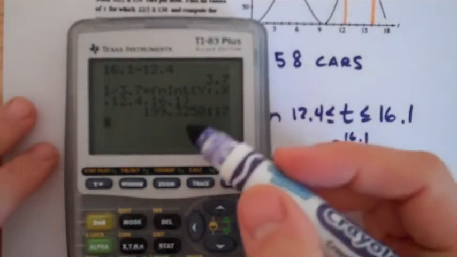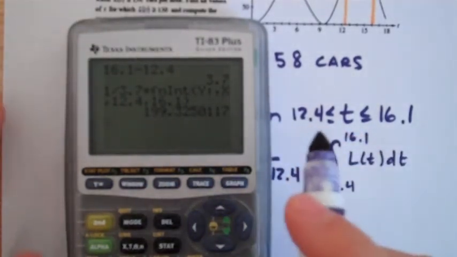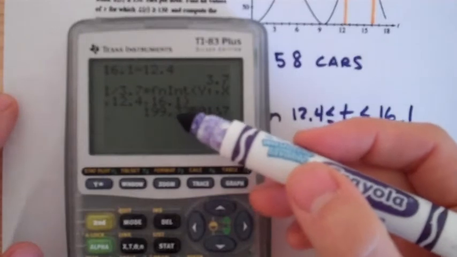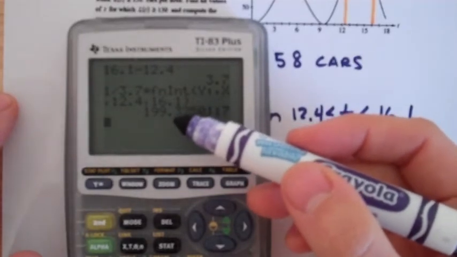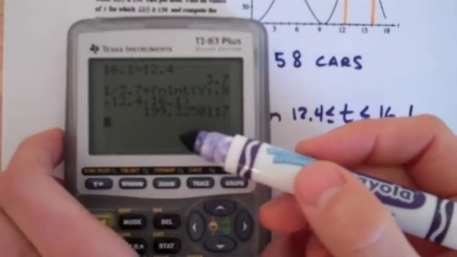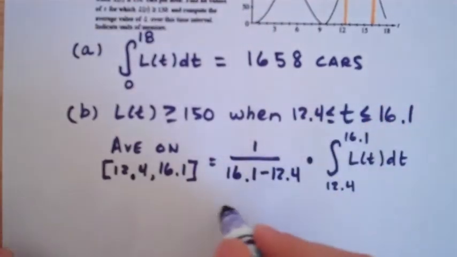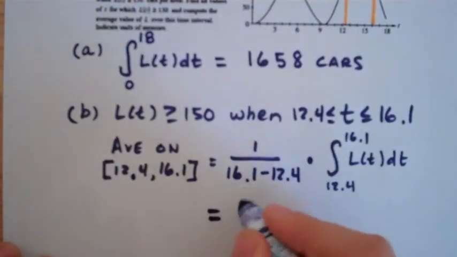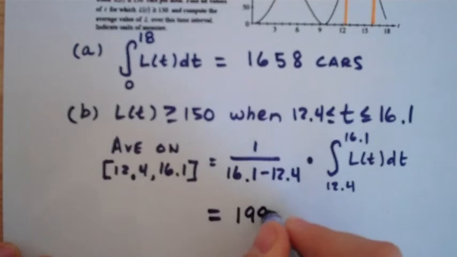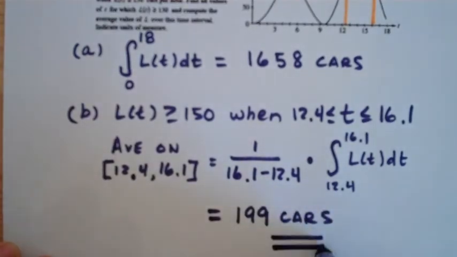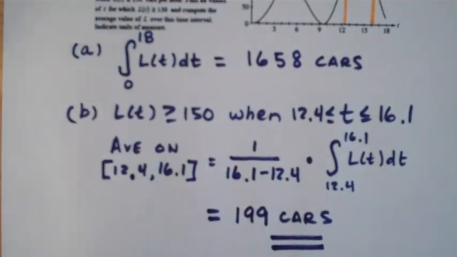And we arrive at this number. And we should bear in mind that this is still 199 cars. It's not cars per hour because we're just looking for the average value of a function that has units cars. So 199 cars. And that concludes today's lesson.